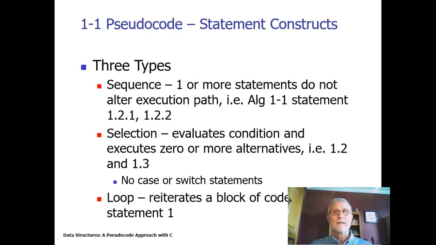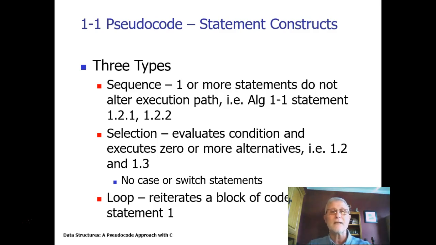Now, as far as statements, there are 3 types: sequence, selection, and loop. Sequence is just one or more statements that do not alter the execution path, one right after the other. Selection evaluates a condition and then executes 0 or more alternatives.